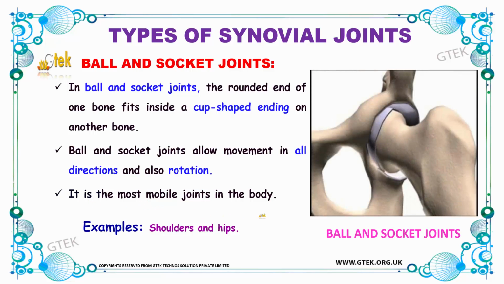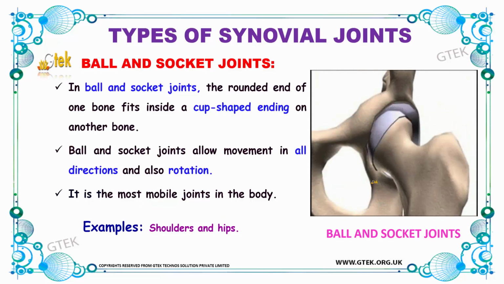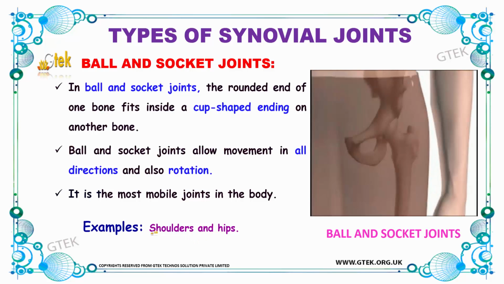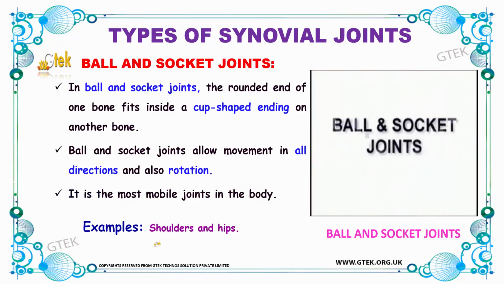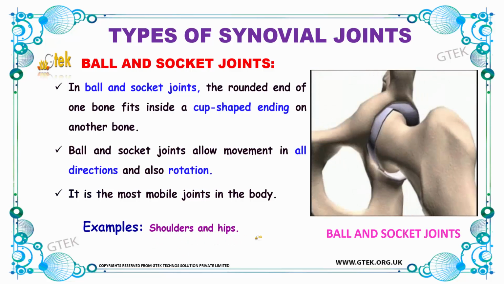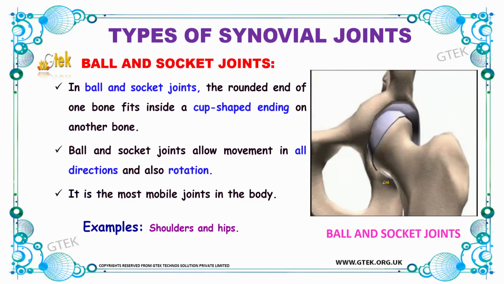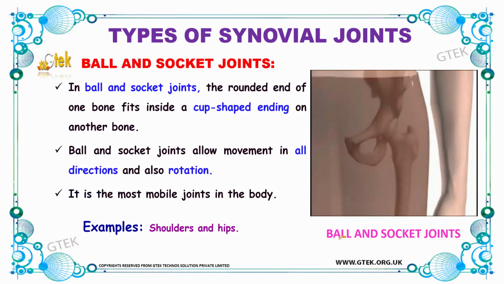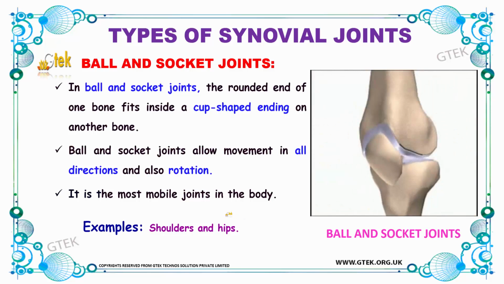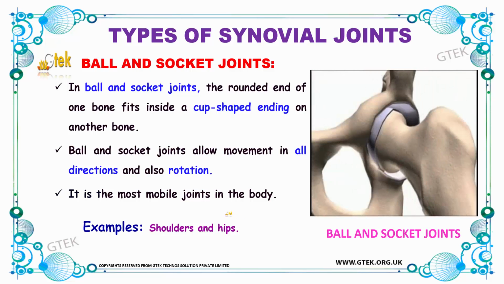It is the most mobile joint in your body. So this can be found in your shoulders and hip region. So that ensures you have high movement over your shoulders and hip region.